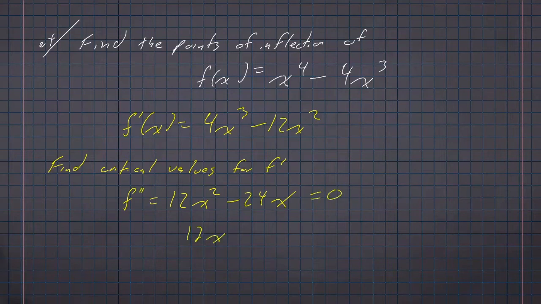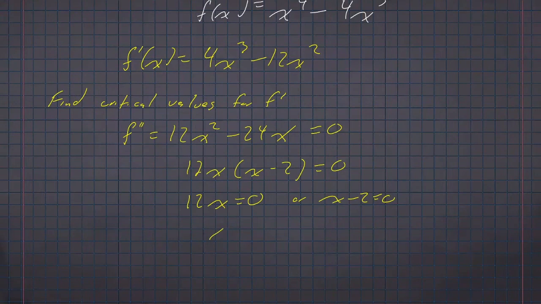Factor out the common factor of 12x, it leaves behind x minus 2. And we get that there are two critical values for this function, x equals 0 and x equals 2.